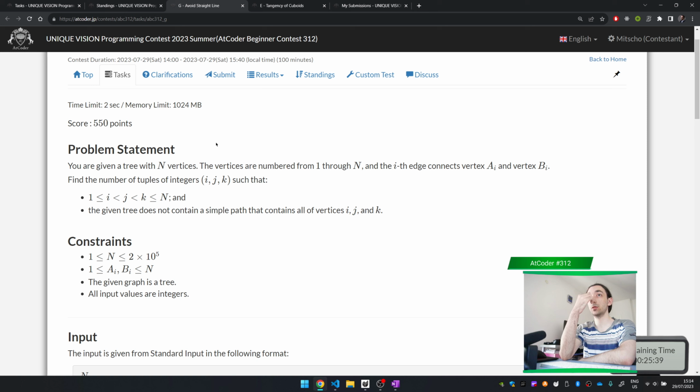So this is from 1 to n, i, j, k. So if I fix j, if I know where j is, I want to find how many in the same child subtree of j, how many i's and k's are there.